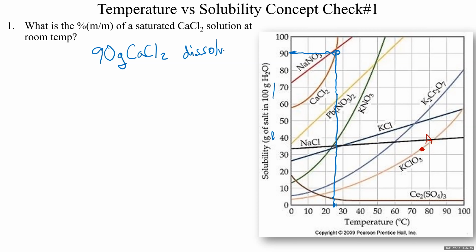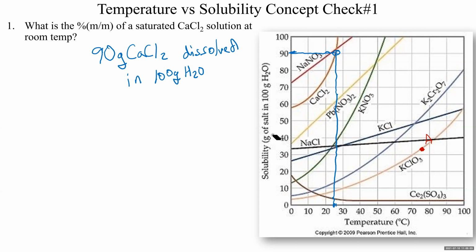That means I have 90 grams dissolved in 100 grams of water. Now, you're going to be tempted to think, oh, that's 90%, but it's not. Remember, that's 100 grams of water. That's not 100 grams of solution. Remember, the mass of the solution is the sum of the mass of the solute and the mass of the solvent. Keep that in mind. It's so easy to forget that.